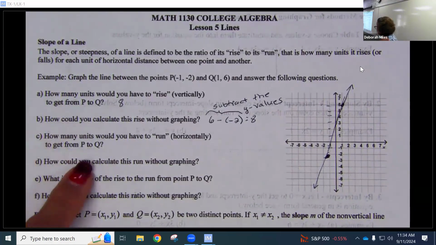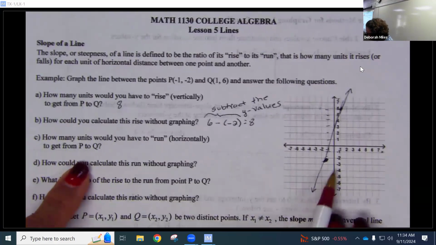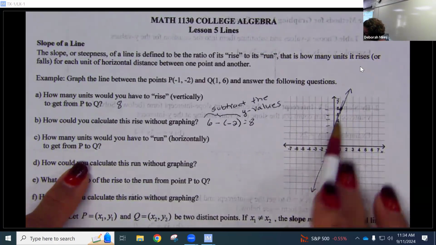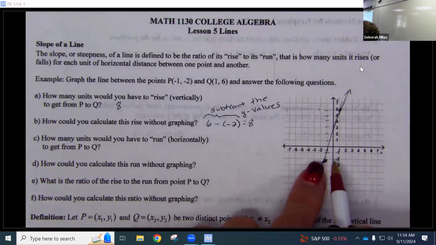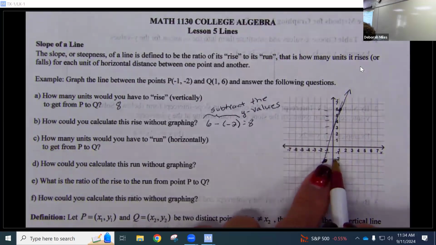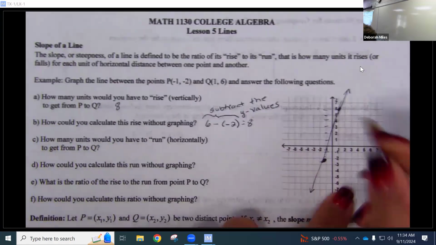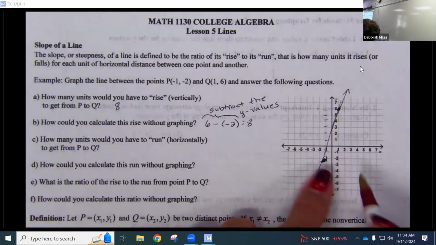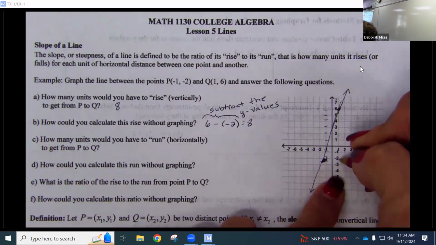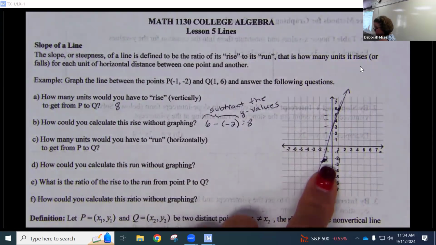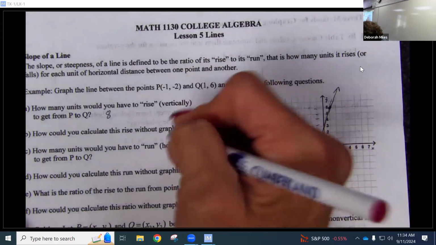And then to get the run, or the horizontal distance from this point to that point, we've started one to the left of the y-axis and gone over to, what was this other point, (1, 6). How many horizontal units is it from -1 to +1? 2.